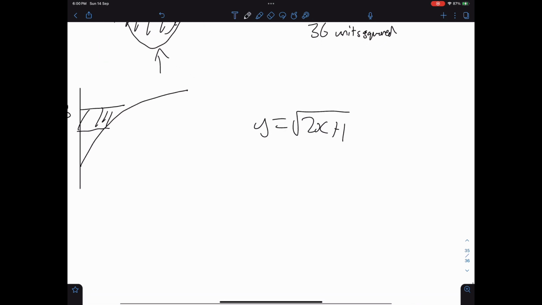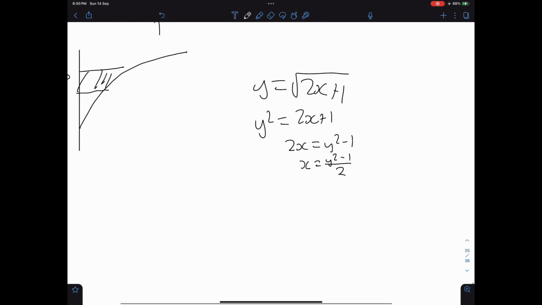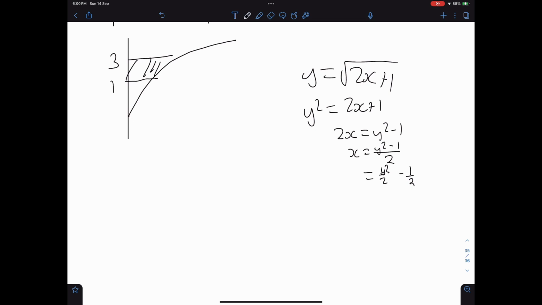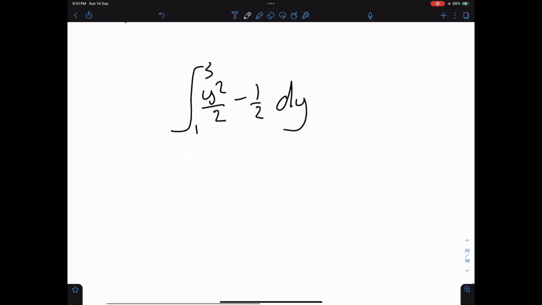What you would have to do is rearrange to get x in terms of y. And then we would integrate this between 1 and 3 in terms of y, with respect to y. And then we'd do the same thing as usual.